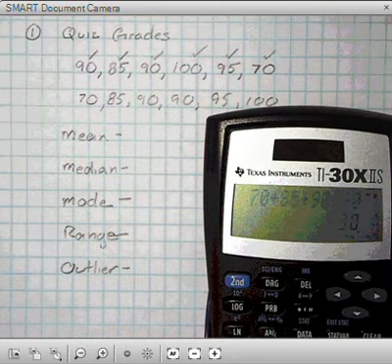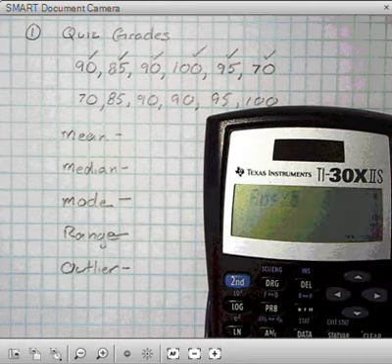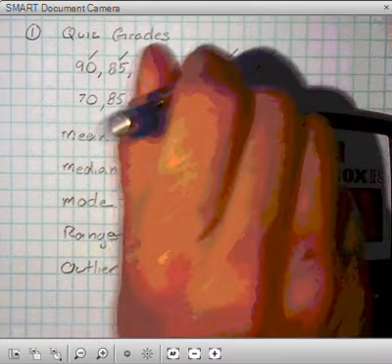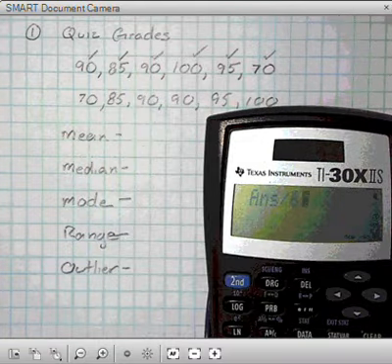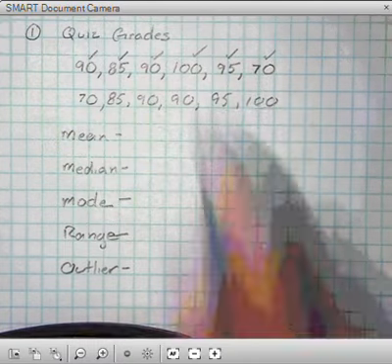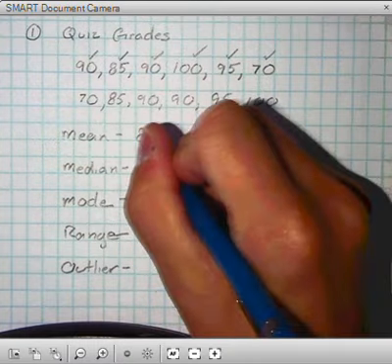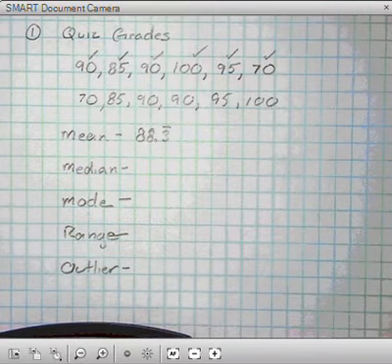And together it is 530. Now we have to divide by the number of numbers. So we're going to divide it by 1, 2, 3, 4, 5, 6. There are 6 numbers. And when we hit equals, we have 88.3 repeating. We use the repeating bar.